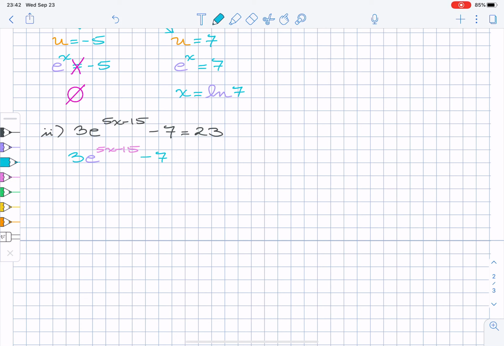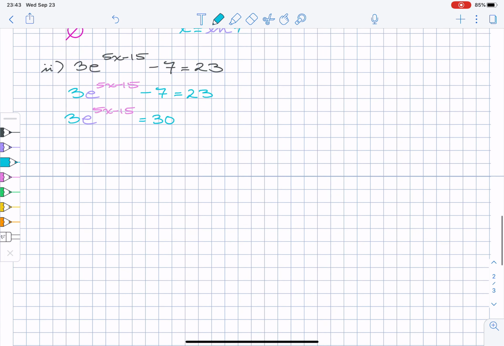Let's go ahead and add 7 to both sides, so we get 3 times e raised to the 5x minus 15 will be equal to 30. Now let's divide by 3 both sides, so we get e raised to the 5x minus 15 is equal to 10.